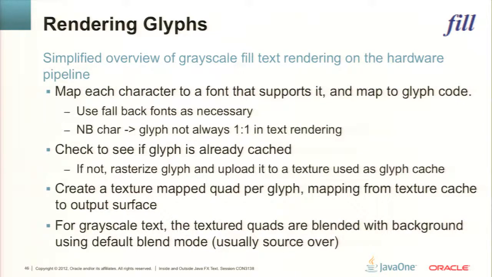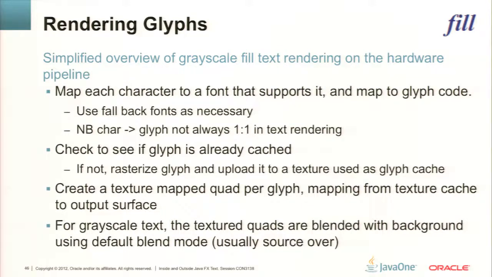So, quickly, how do we produce these glyphs? What's the process? This is a rough, hand-wavy, simplified explanation, because it's fairly complicated. We have to map each character to a font that supports it, as discussed earlier. And we need to map each character to a glyph code.